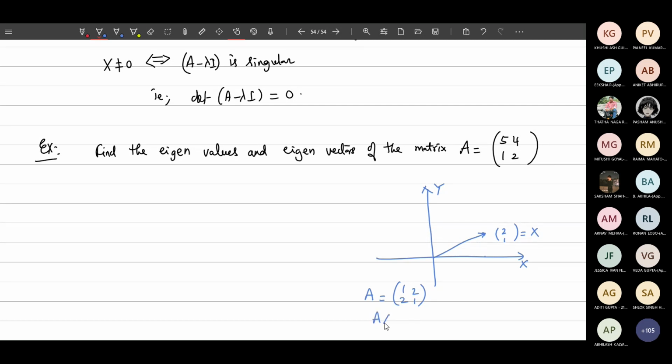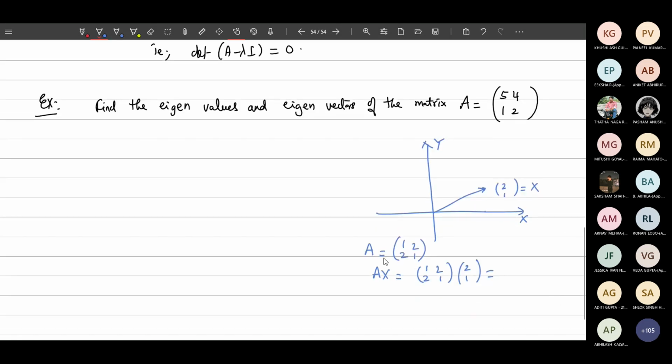How? I will compute Ax: the matrix 1, 2, 2, 1 times (2, 1). If you compute this matrix product, it goes to another vector. 1 into 2 plus 2 into 1 is 4, and 2 into 2 plus 1 is 5. So this goes to (4, 5). Sorry, I'll write it as a column vector, not a row.